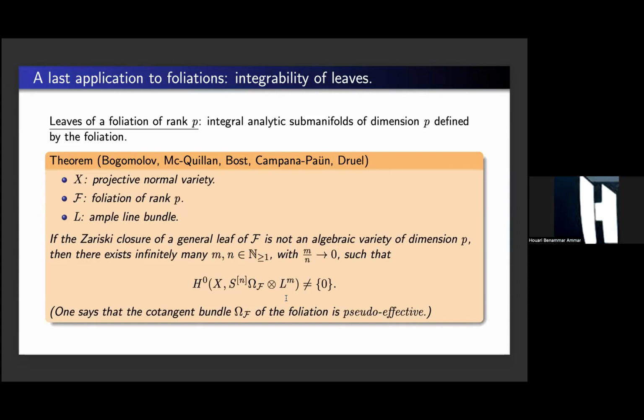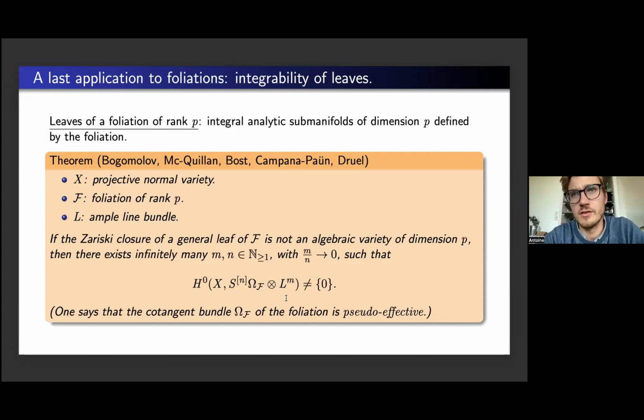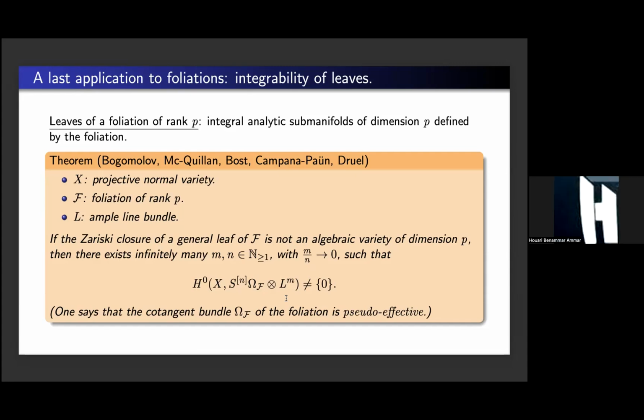Okay, so there is some notion of effective vector bundle. For line bundles there is this notion, but for vector bundles, I don't know how we can define an effective vector bundle. Well, you know that pseudo-effective is a limit of effective.